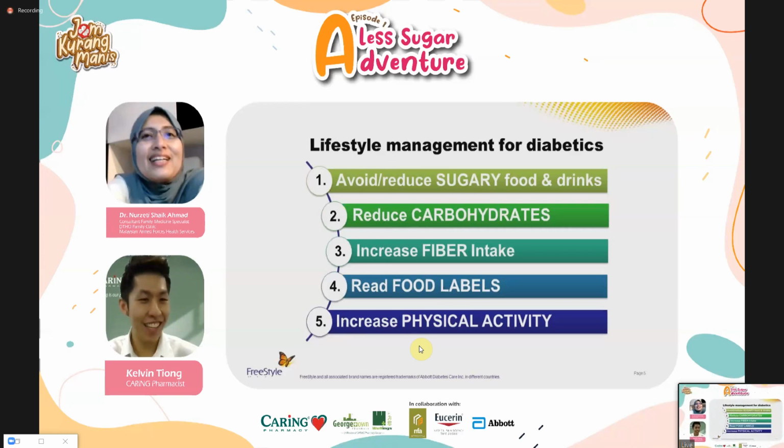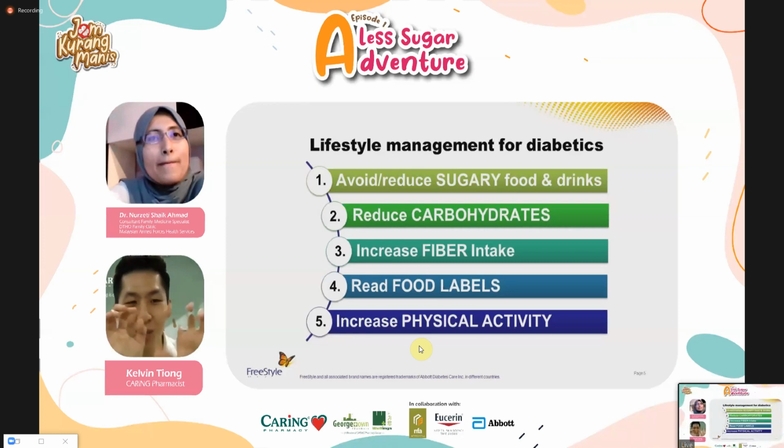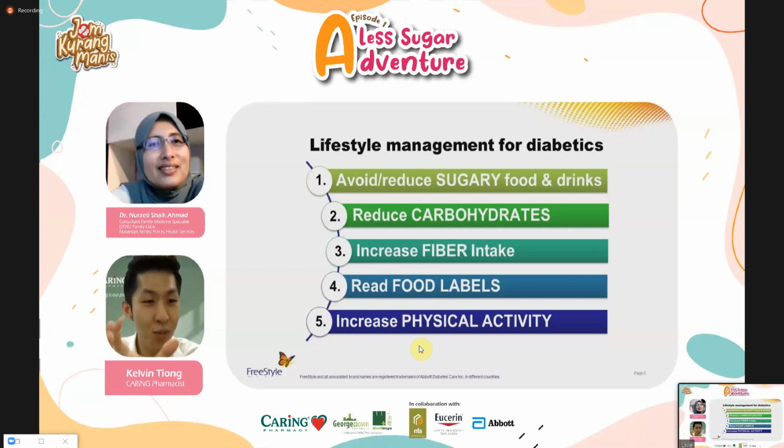Okay, thank you, Doctor. This is very insightful sharing. So as for the Doctor's sharing, we need to try to reduce sugary foods and carbohydrates, increase fiber intake, and always read the food labels. Sometimes they will say no added sugar, but you still need to turn it around to see the sugar content, because sometimes the product will contain sugar even though no sugar was added.